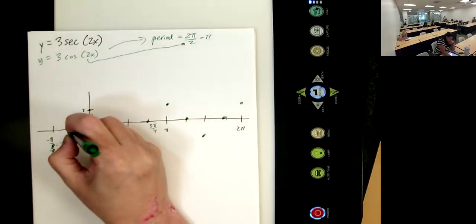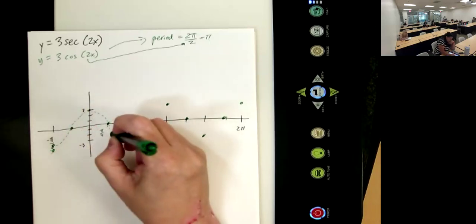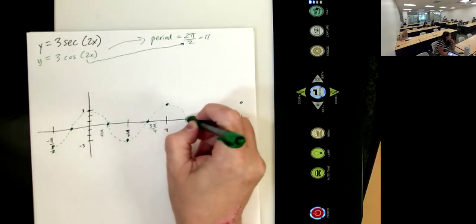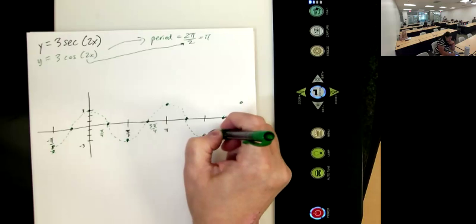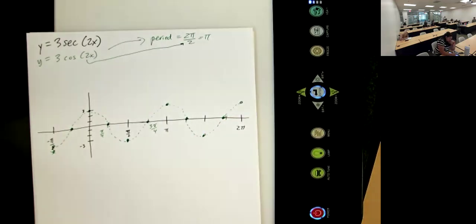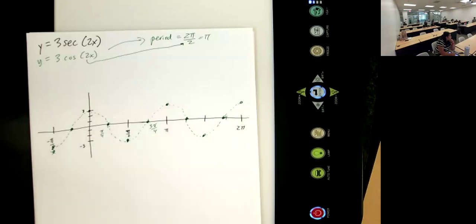So if I were graphing it, I'm gonna do a little dotted line just to see where it is. If you actually just put in the green dots like I did, the zeros, the peaks and the dips, you don't actually even need to put in the dotted line. This dash line is not even necessary. As long as I have those dots, I know where my peak is, I know where my dip is, and I know where my asymptotes are gonna be.